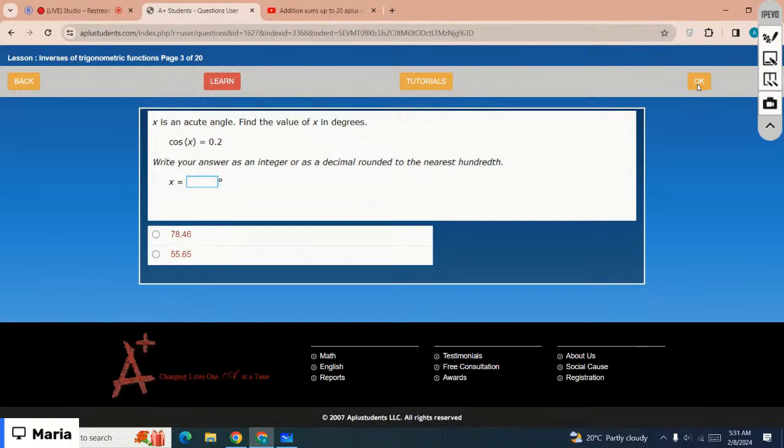You have to do cos inverse of 0.2, that is 78.46 degrees, right?